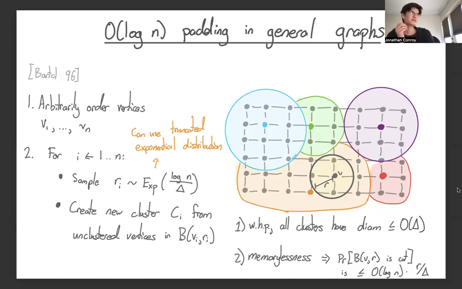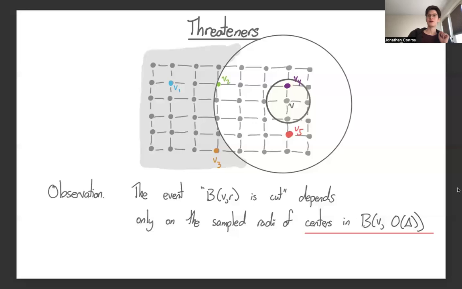Okay, so it turns out that this ball carving argument is very powerful even for restricted graph classes. Except for restricted graph classes, we can't just arbitrarily order the vertices. We have to choose to go over the vertices in some particular order, and this is going to lead to improved padding. The crucial observation is the following. Suppose you have some ball, say with radius r, centered at vertex v, and you want to analyze the event that it's cut.